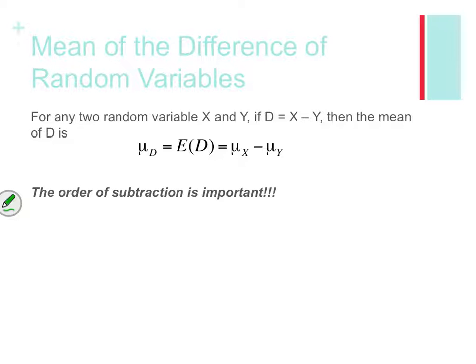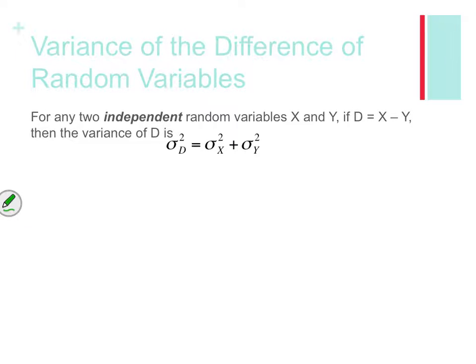Just because you are subtracting, we actually don't subtract the variances. Even though we are finding the difference now, we still add their variances. So that is important to realize with this problem.